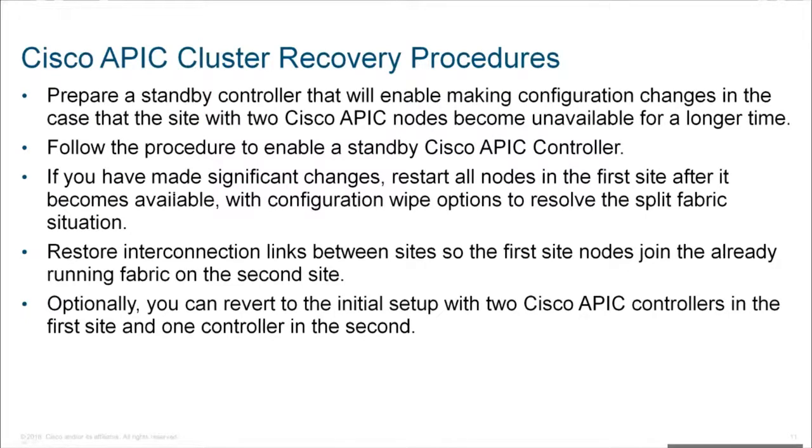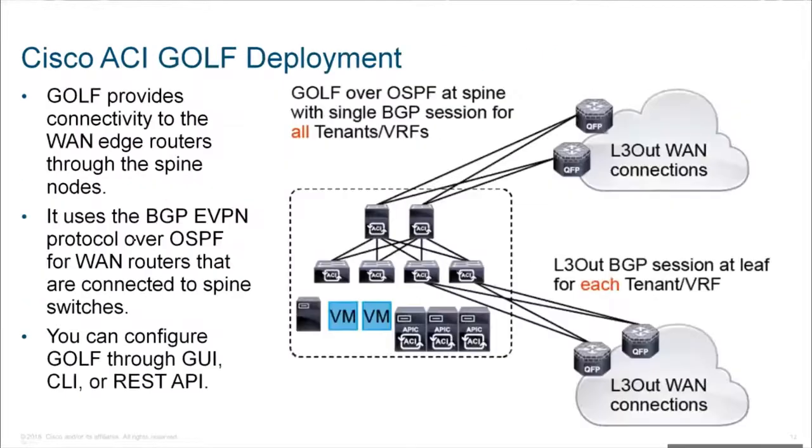And then, of course, if I think my first site is my main site and I want 2 APICs there, I would decommission that initial standby, which has become the active one, and get the number 2 of the first site back into the environment.